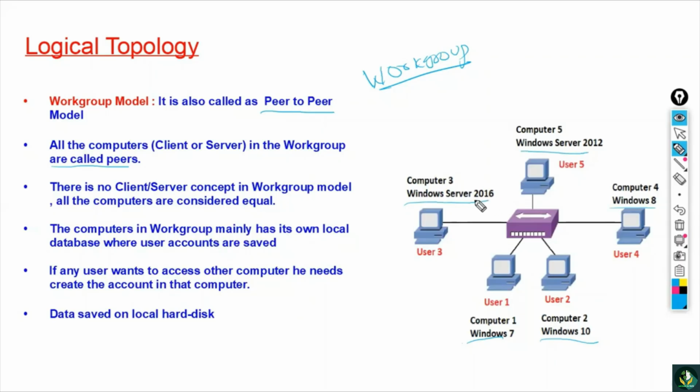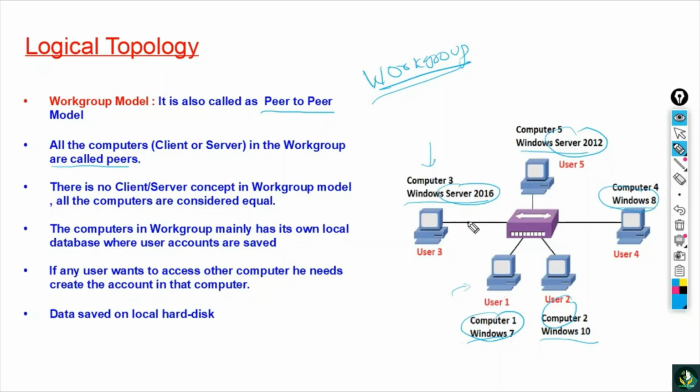So we have some computers with Windows Server operating system. We have some computers with client operating system. So we are using workgroup model. Even though we have installed server operating system, they are not considered as servers here. They are called peers. And the computers with client operating system are also called peers.